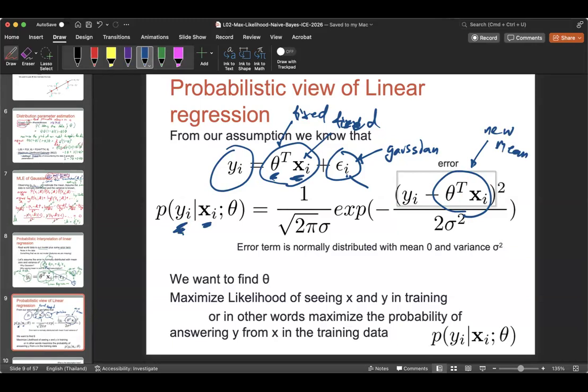So y is still a Gaussian as well, with a mean that is shifted. So now we have the distribution of y.